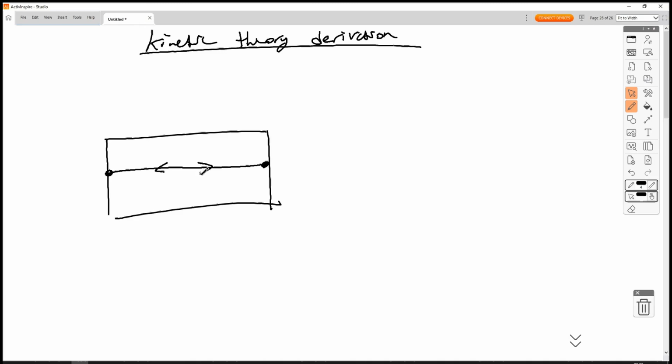So we'll label the velocity going to the right as u, and we'll label the velocity going to the left as minus u. So when there is an elastic collision, the momentum change of this particle becomes minus 2mu.